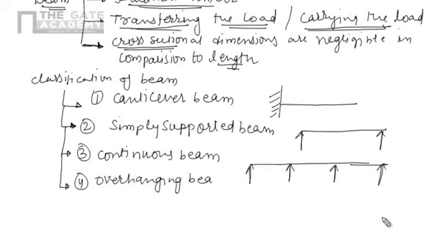In case of overhanging beam, some portion of the beam is beyond the support. So this portion of the beam, let's say AB, is beyond the support. So that's why this beam is called overhanging beam. So it was all about the definition of beam and the classification of beam.